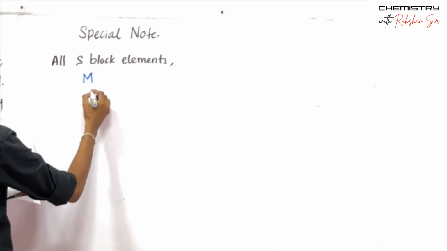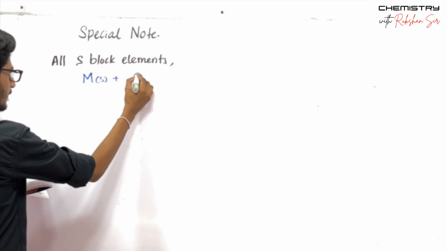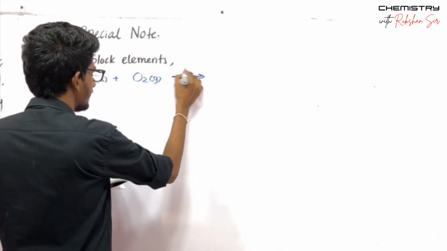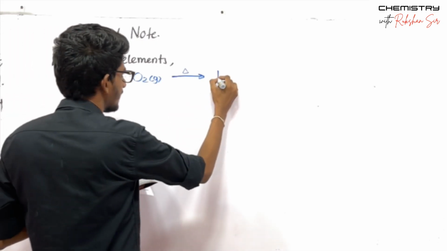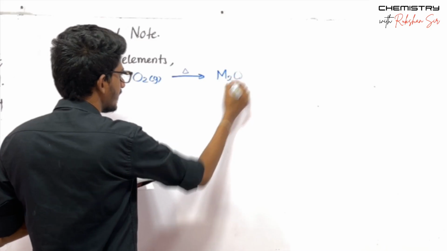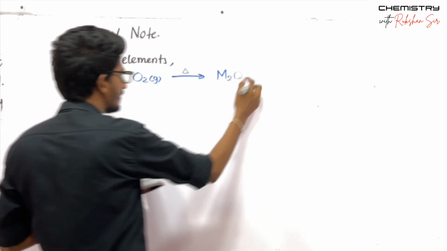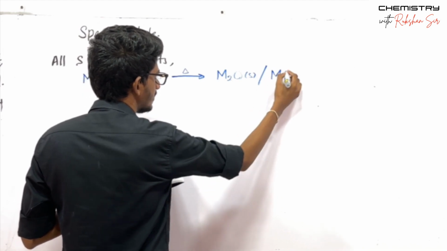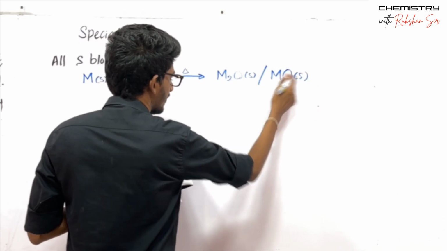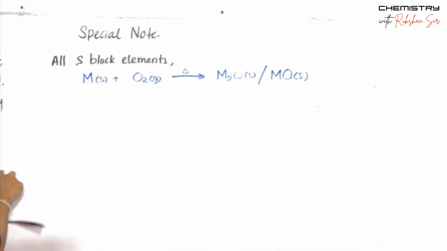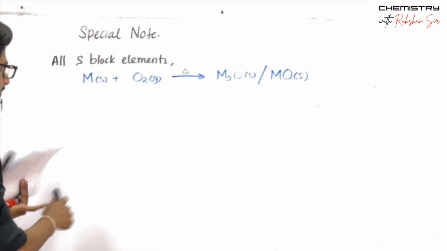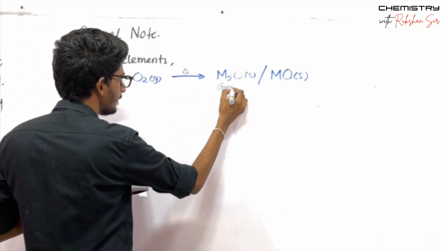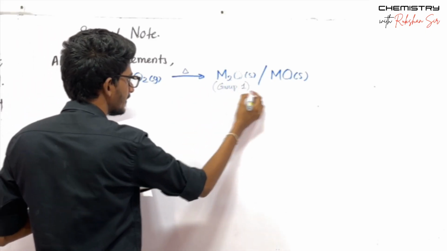Let's take this block element as M. If it's group 1, it is going to be like this. If you are thinking of a group 2 element as M, the oxide will come up in this form. Okay. This is a group 1 situation, and this is a group 2 situation.